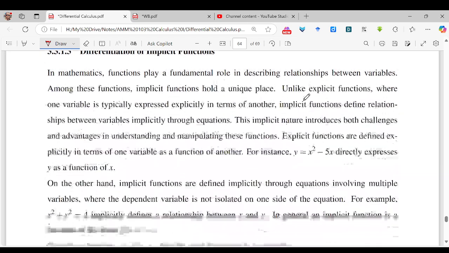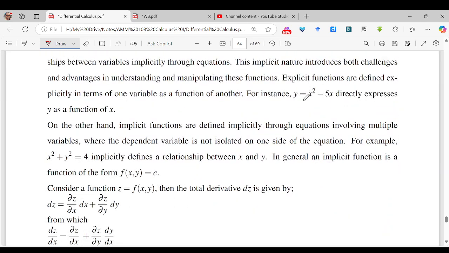On the other hand, implicit functions are defined implicitly through equations involving multiple variables, where the dependent variable is not isolated on one side of the equation. A simple example of an implicit function is the equation x squared plus y squared is equal to 4.